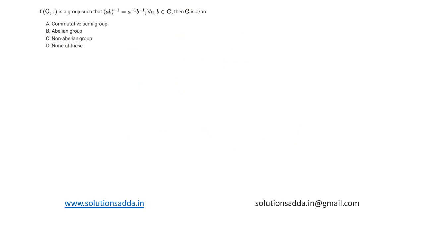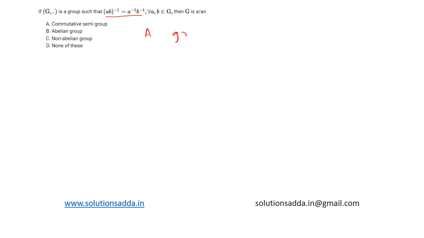This is a question from discrete mathematics. If G comma dot is a group such that AB the whole inverse equal to A inverse B inverse for all A comma B belongs to G, then G is a commutative semigroup, abelian group, non-abelian group, none of these.